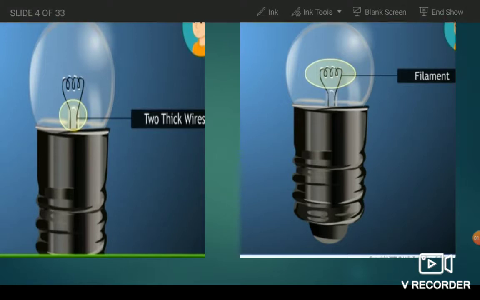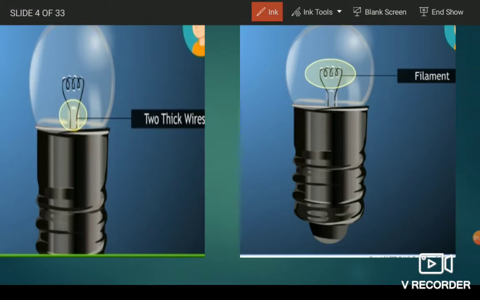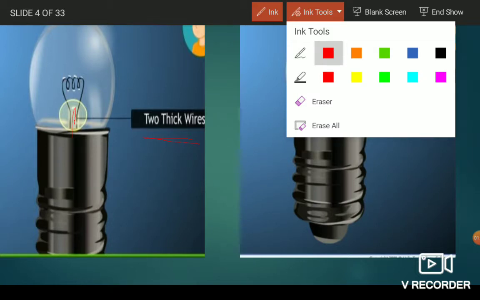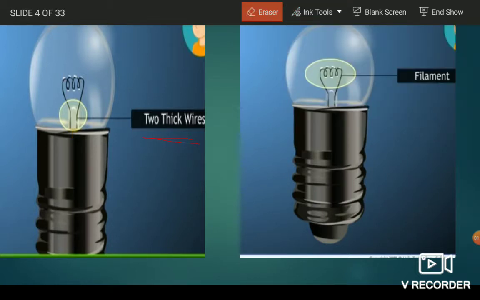Inside this glass cover, there are two thick wires. These are the two thick wires on which is attached a very thin wire, this wire.